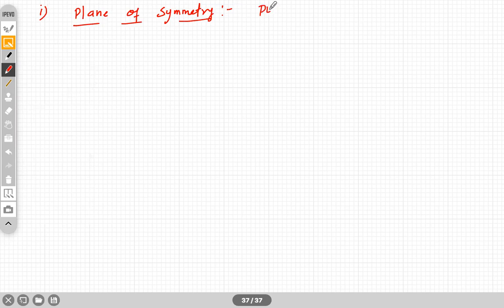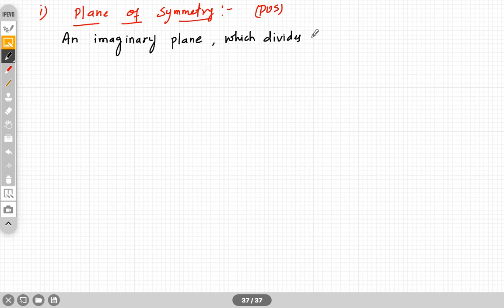Plane of symmetry, POS. What is a plane of symmetry? It is an imaginary plane which divides the molecule into two parts.